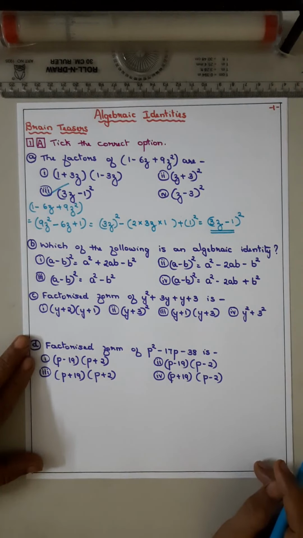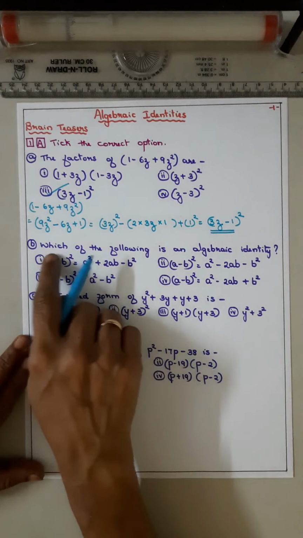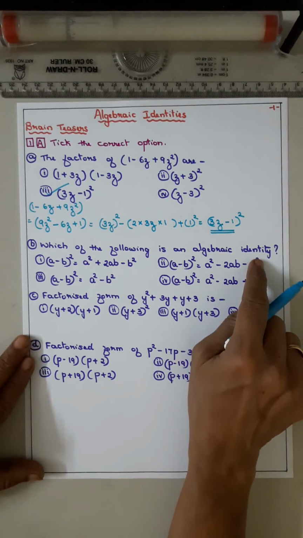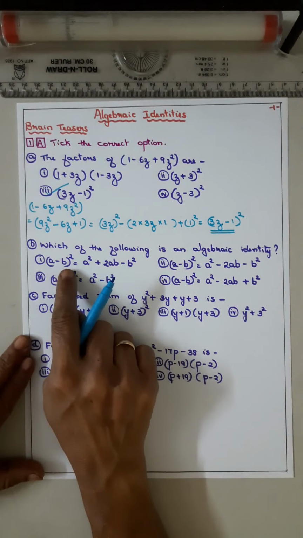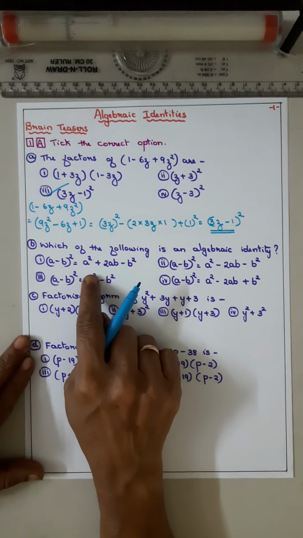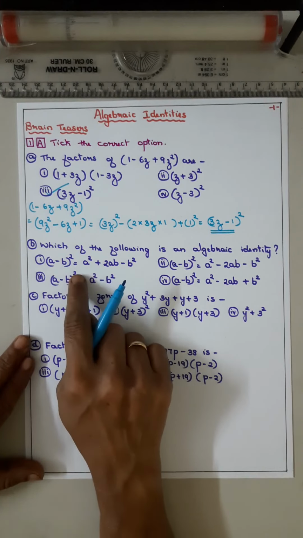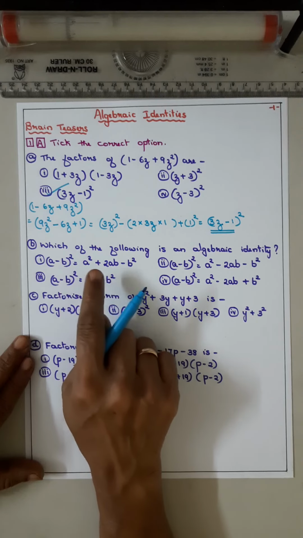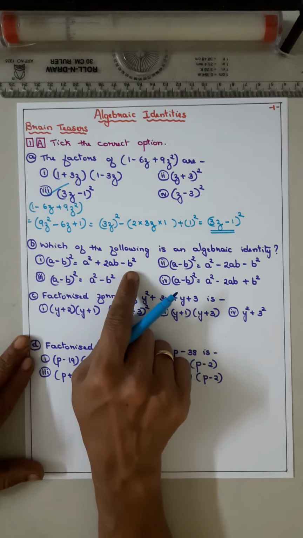So factorize and see. Now which of the following is an algebraic identity? So you know, remember all the algebraic identities. You see, a minus b the whole squared is equal to, what is the identity? A minus b squared will be a squared minus 2ab plus b squared.